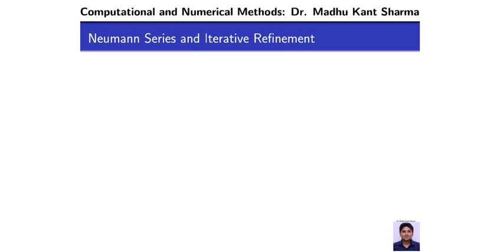In the last lecture, we have seen how we will be able to approximate an inverse for an invertible matrix A by using Neumann series.